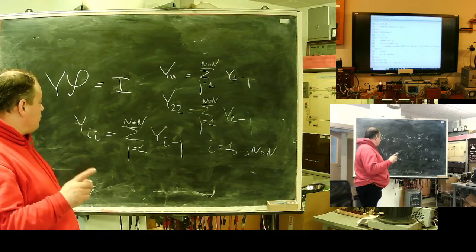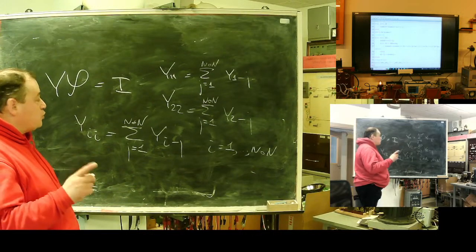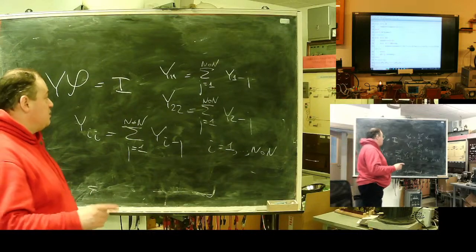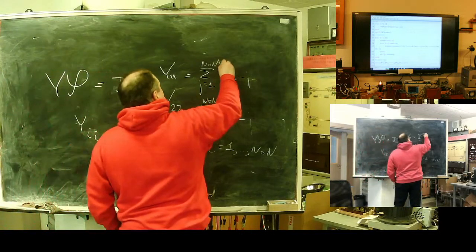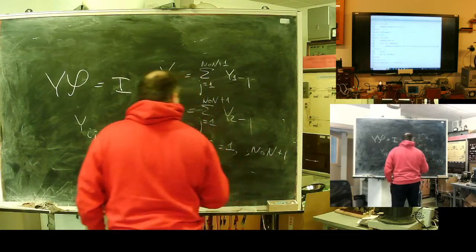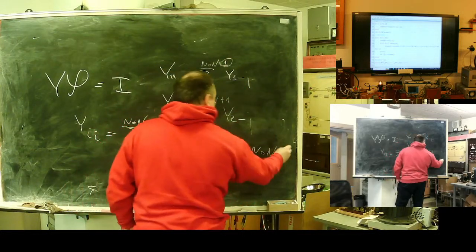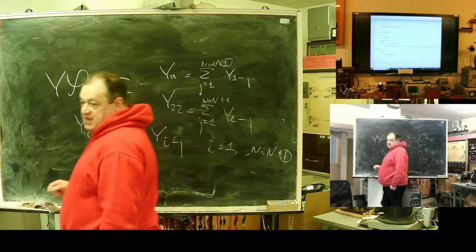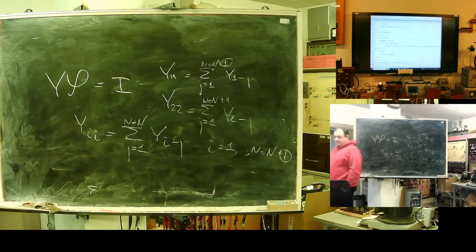This should include the base node. That's why plus 1, plus 1, plus 1. This one is for the ground or base node. All conductances at the main diagonal of this matrix do include conductance to the base or grounded node.